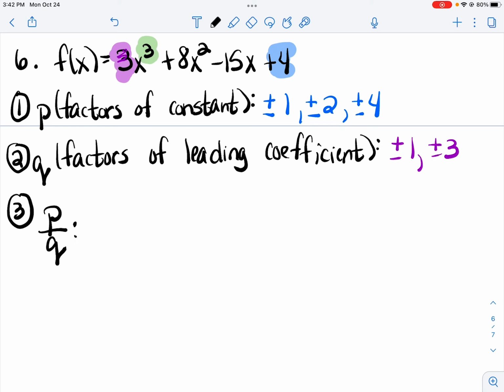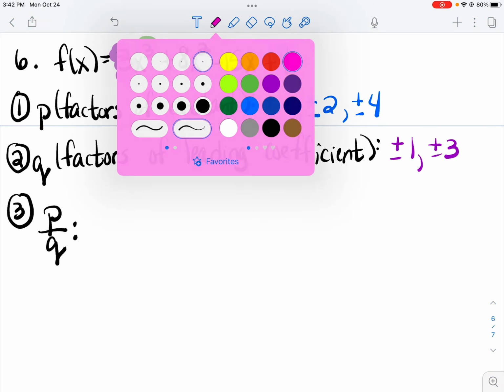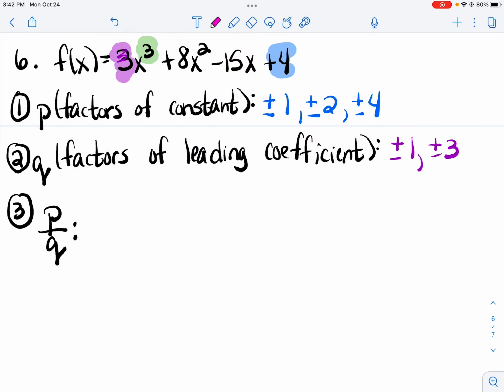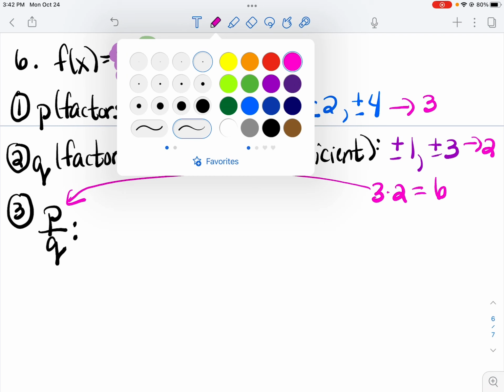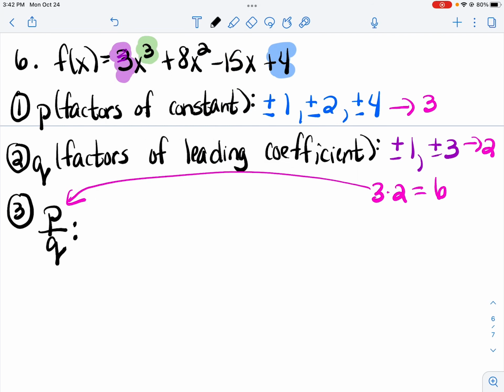Then I list all my P's over all of my Q's. Now remember we said in the last problem, I have 3 here and 2 here. And 3 times 2 is going to give me a total of 6 for my P's over my Q's. So I start off by saying 1 over 1. Then 2 over 1. And then 4 over 1.